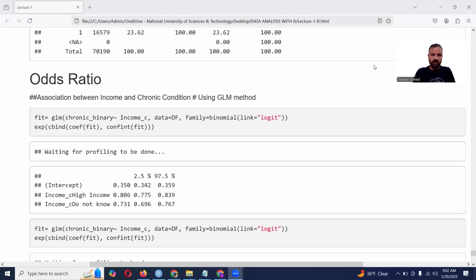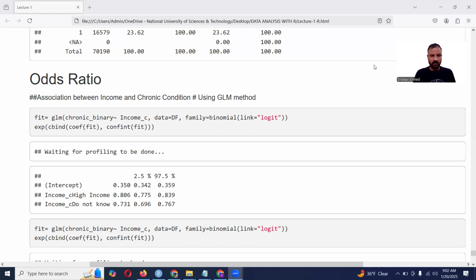Basically, when we talk about exposure, these are the risk factors of different diseases. For example, simply we can say that income may be an exposure or a risk factor for chronic disease. When a person has a good income, he can do checkups on a daily basis, and he will be less prone to the risk of chronic conditions.